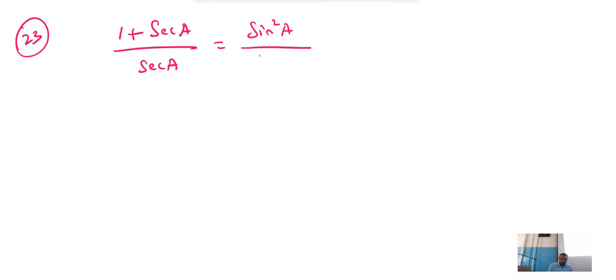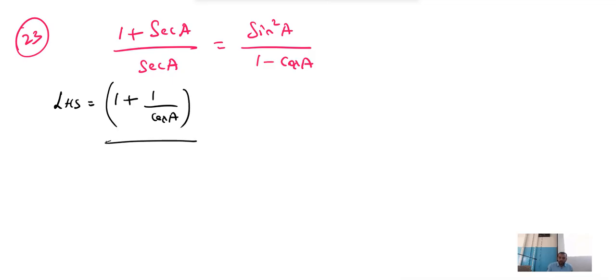Prove that (1 plus secant A) by secant A is equal to sin square A by 1 minus cos A. Take LHS: 1 plus secant A, where secant A is 1 by cos A.